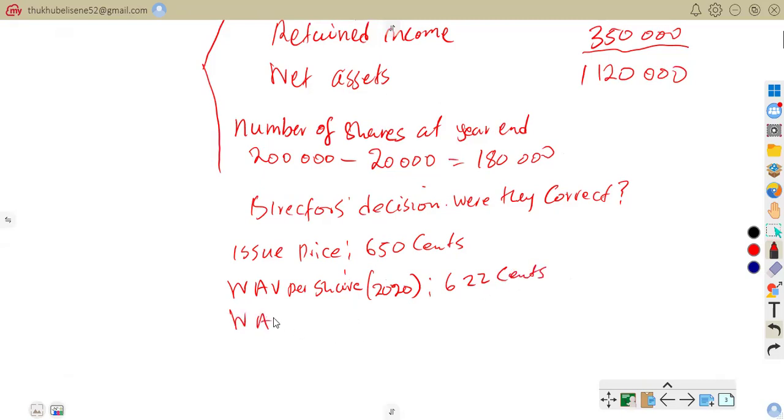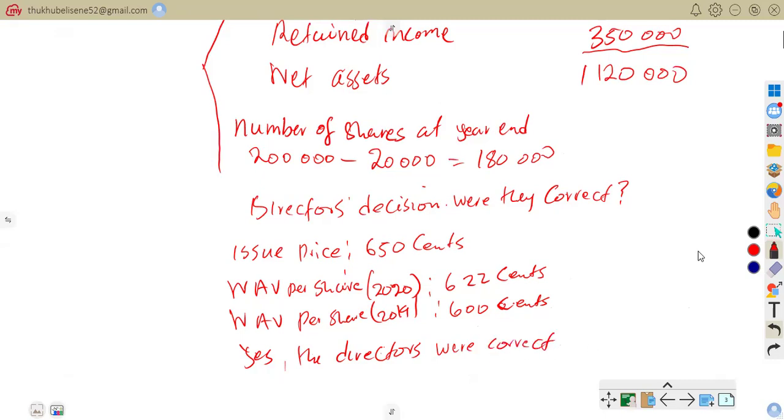So net asset value per share in 2019 is how much? 600 cents. This is the information we have. So in your opinion, were the directors correct? Yes, they were correct. Yes, that is our opinion.